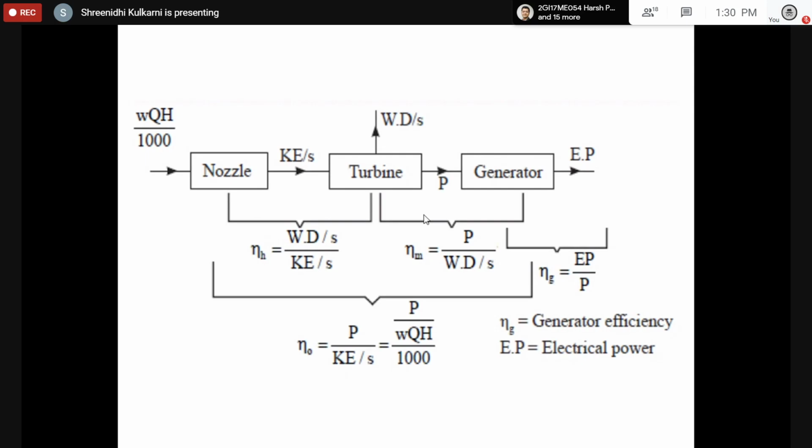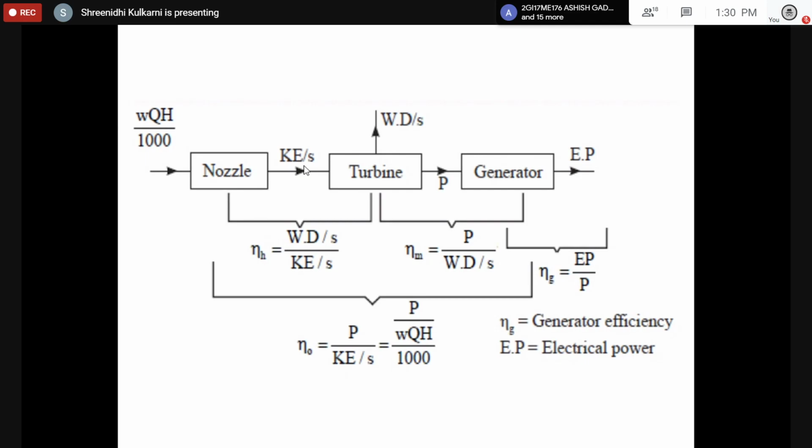Volumetric efficiency is the ratio of the quantity of water actually striking the runner to the quantity of water supplied to the runner.